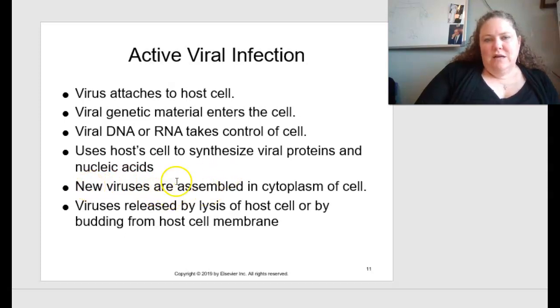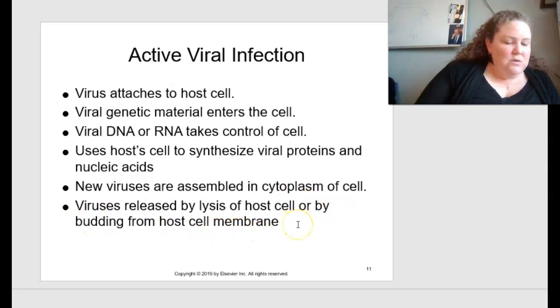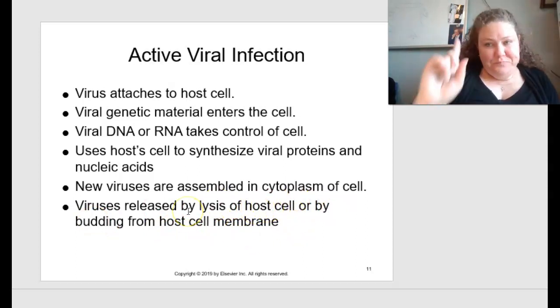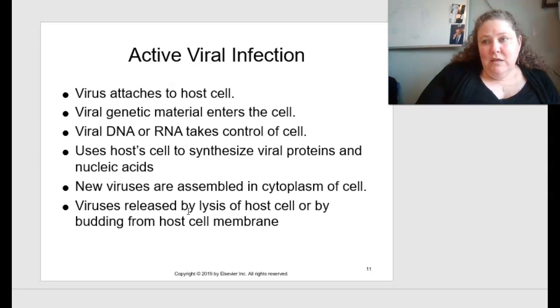And new viruses are assembled in the cytoplasm of the cell, and then the viruses are released by lysis, which remember is splitting, right, of the host cell, or by budding from a host cell membrane. So if you think about this, not only does the virus come in, it invades, it takes over the DNA replication system, but then at the end, it explodes the cell, guys, to be like, spread little viral babies everywhere.